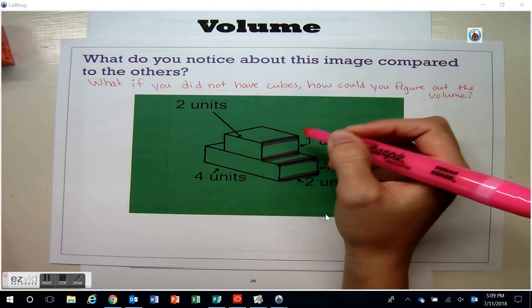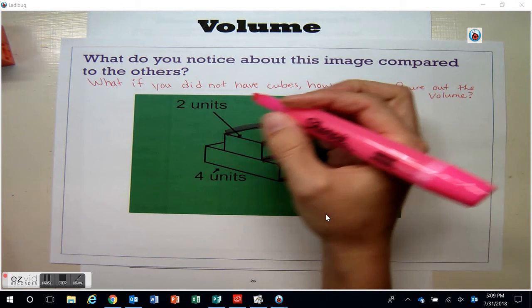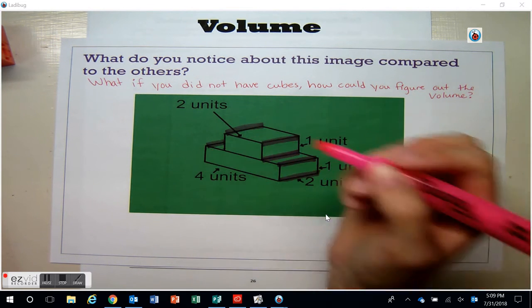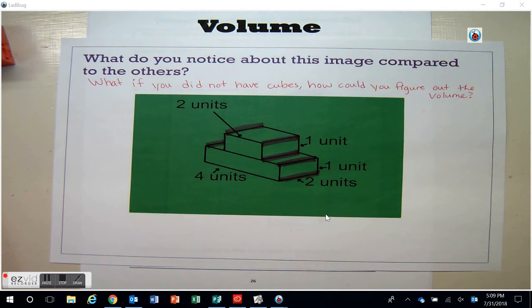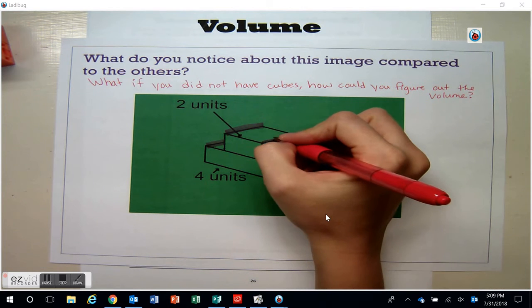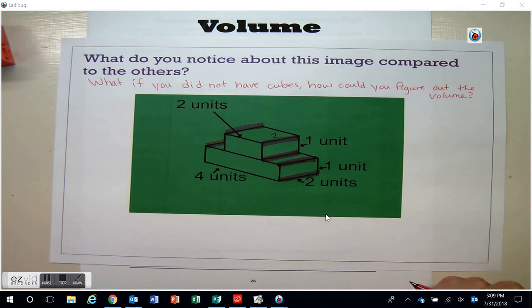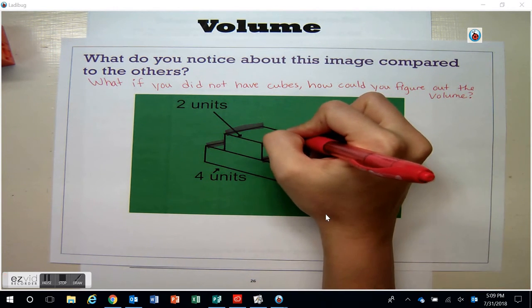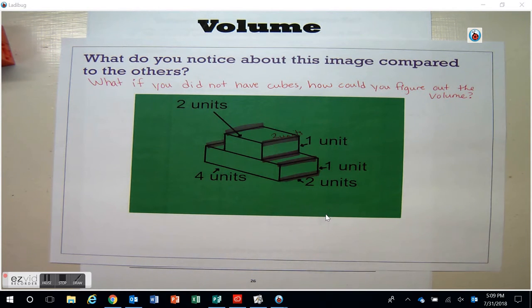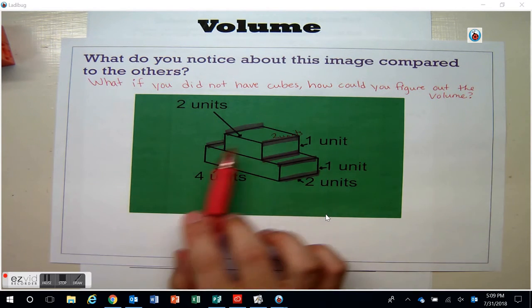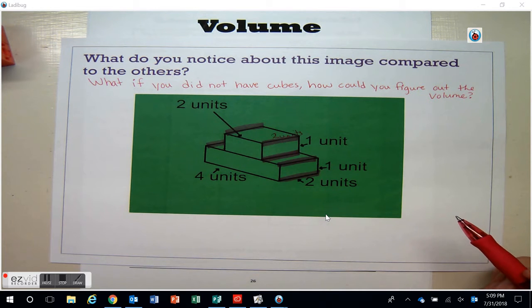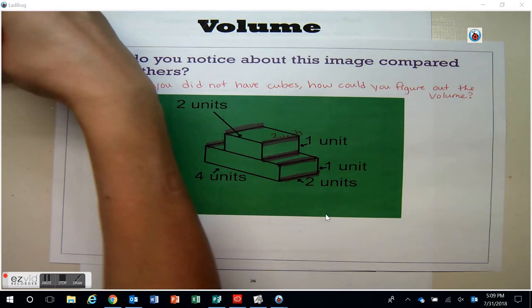Hopefully you see it. This line right here shows that that figure's side lines up with this figure's side, same thing over here. So that means that this length, this length, this length, this length, and this length are all the same.